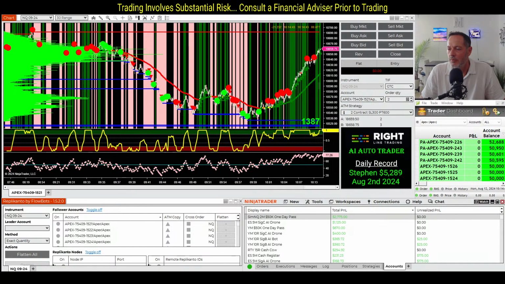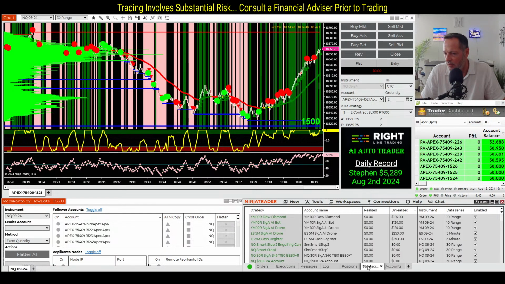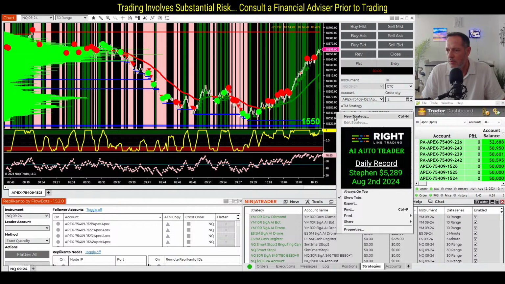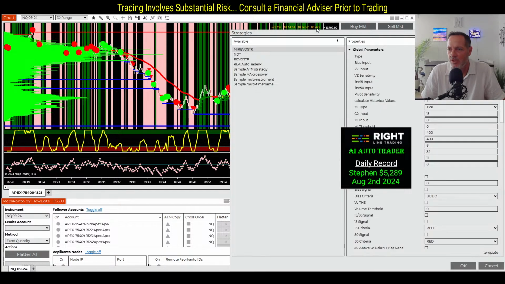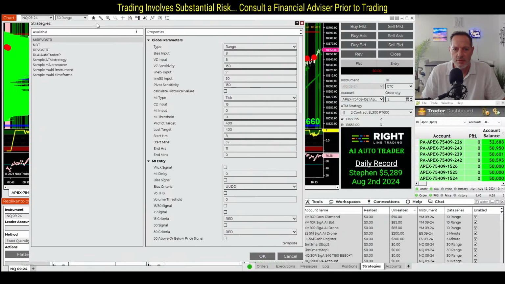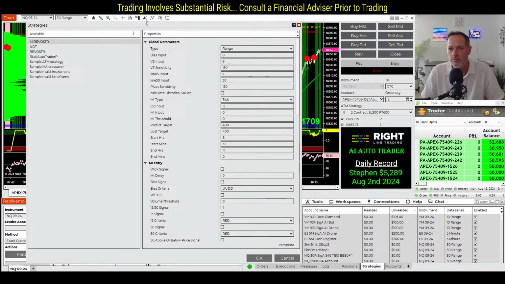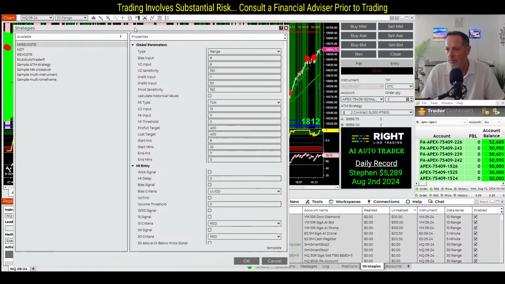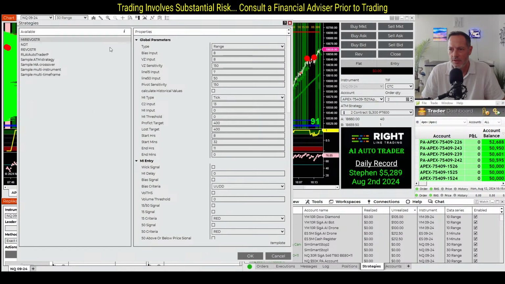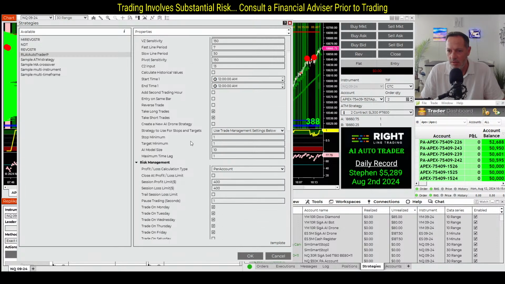We've got a beautiful move on the NQ here. Let's get this one working really, really quick. Whew. I'm going to do a new strategy. I'm going to throw the ODP on here, NQ30 range. I'll go with the signal B. This is the trend signal. We want to run the trend on this one.